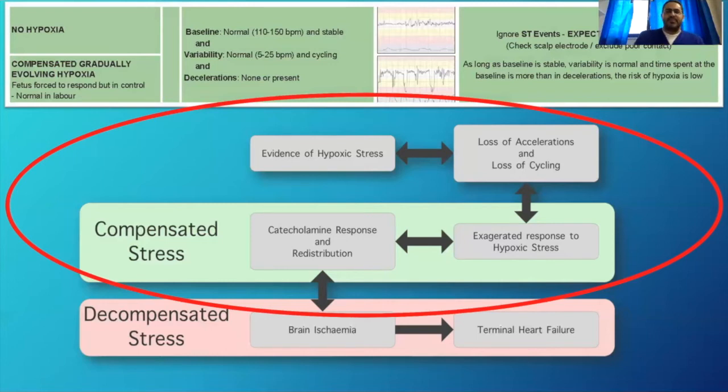Now, the other important thing that we need to be mindful of is that we like decelerations. Remember we said that at the beginning, I actually like decelerations a lot more than accelerations. As long as they're not too much and they're not too prolonged, we like decelerations because they tell you what this baby is capable of doing in stressful situations.